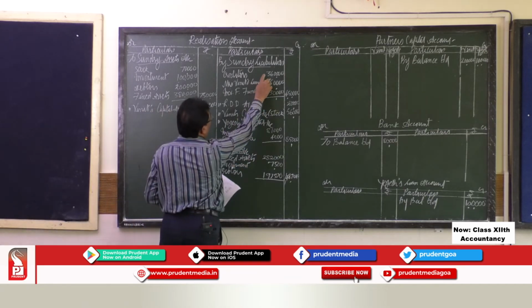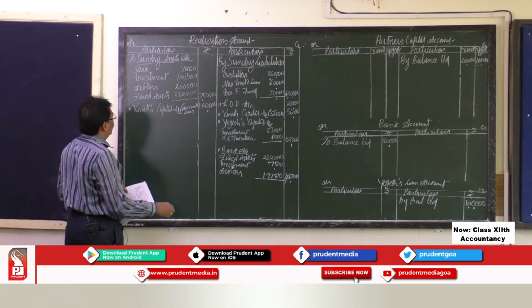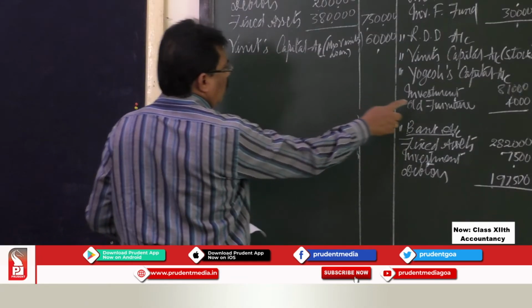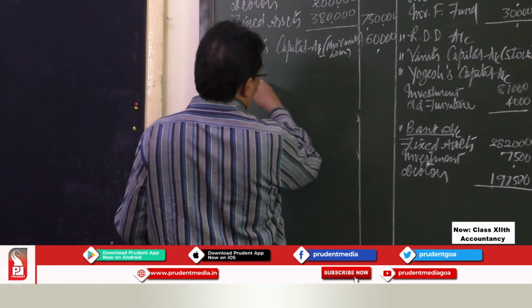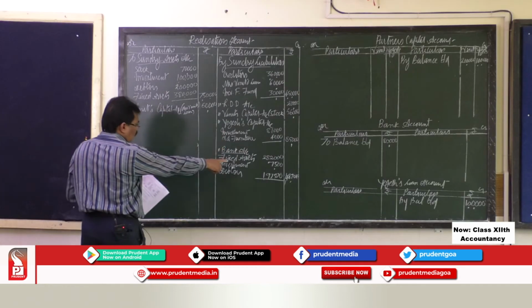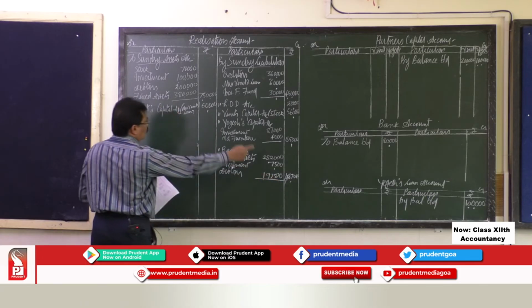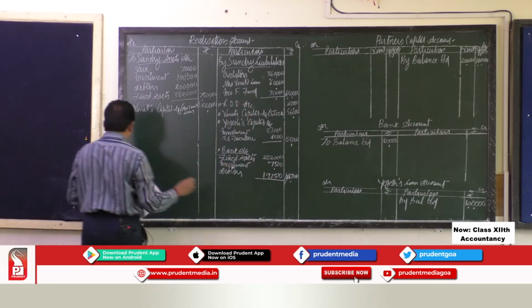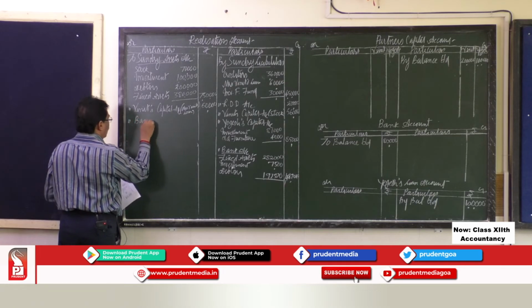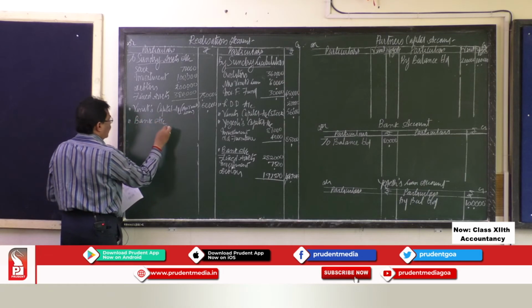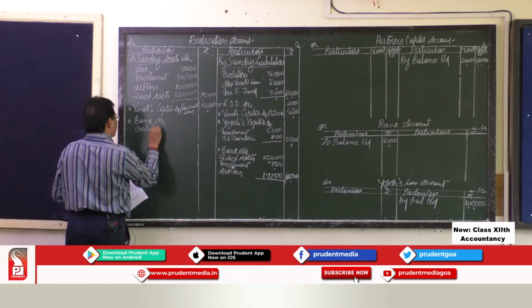You were supposed to pay 3,60,000, but they took only that. Since we got this money, this money should be used to pay these creditors. So it comes on the debit side to bank account, that is creditors.